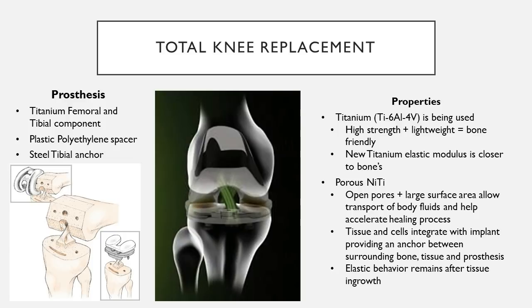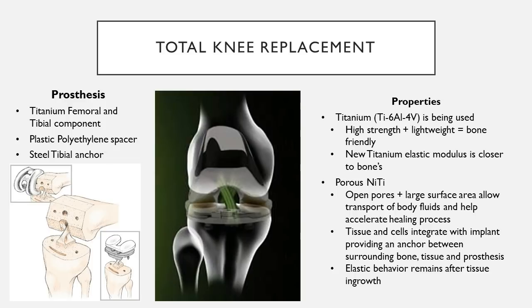In this knee replacement, we have a titanium femoral and tibial component, so that's on the top part of this picture. We have a plastic polyethylene spacer. This would be a high molecular weight, highly dense polyethylene that can withstand a lot of mechanical forces. And then we have a steel tibial anchor that goes on the bottom part of the tibia.